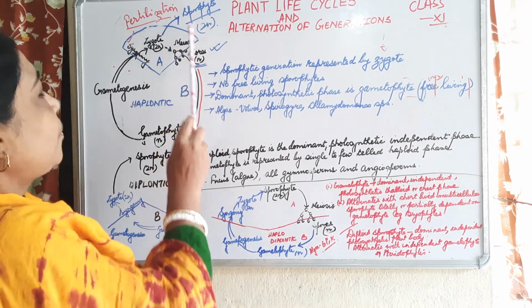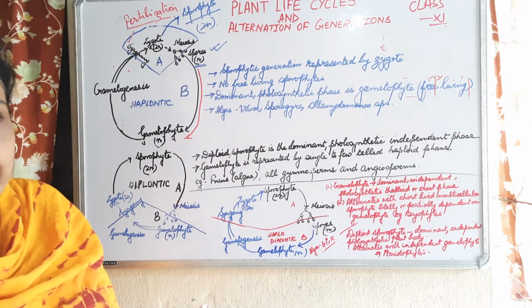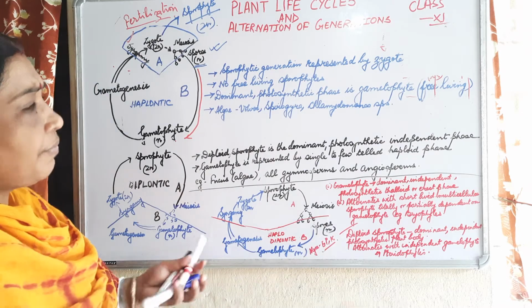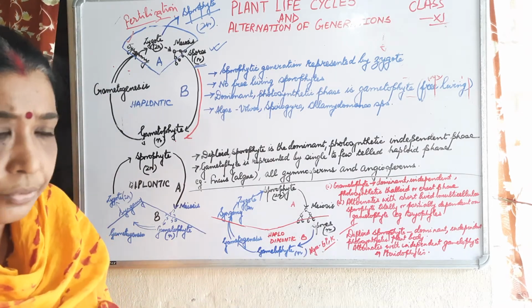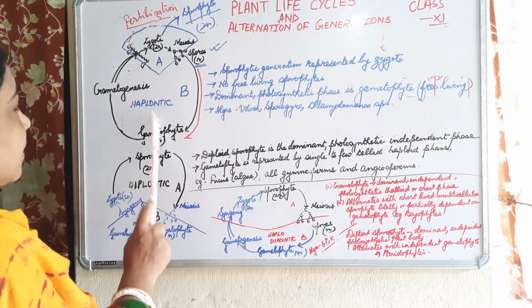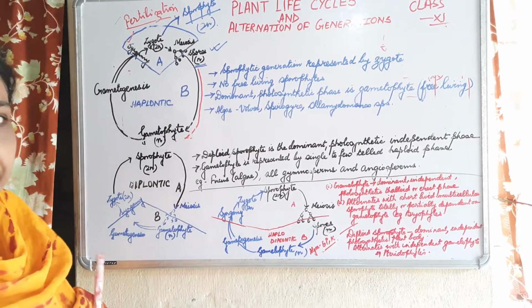The sporophytic generation is represented by the zygote. You won't find free living sporophytes. But what you are going to find is that the gametophyte is the dominant phase.